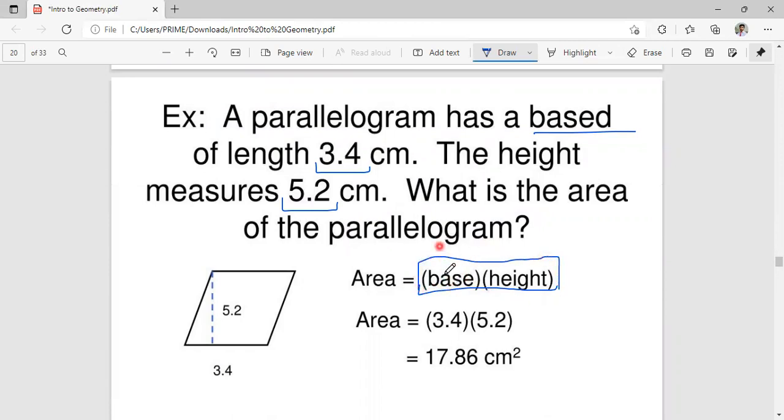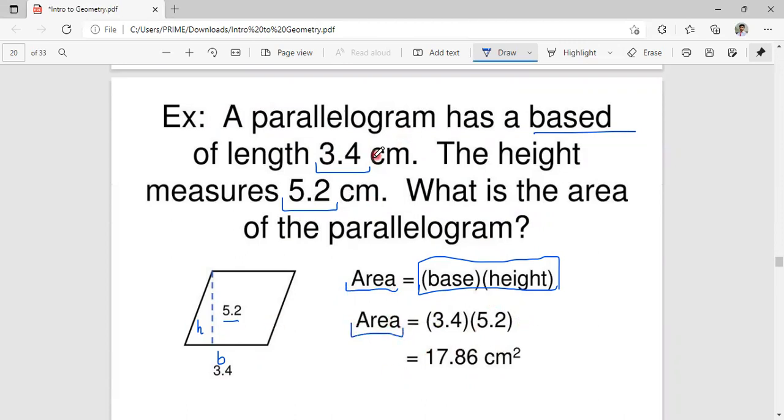So what is the base? The base is given over here, that is 3 cm. And what is the height? This h, the height of this one is equal to 5.2. That's given over here. So the formula for the area of a parallelogram is base into height. You have to multiply these two. So we find the area over here.